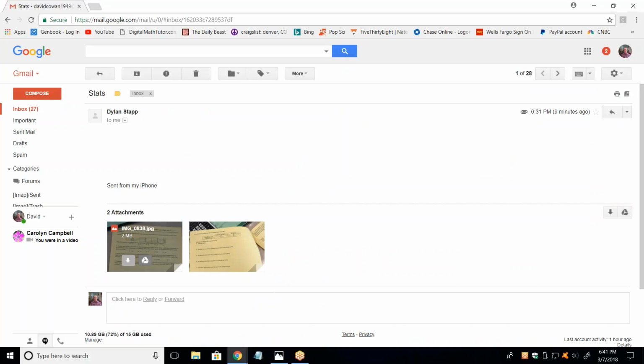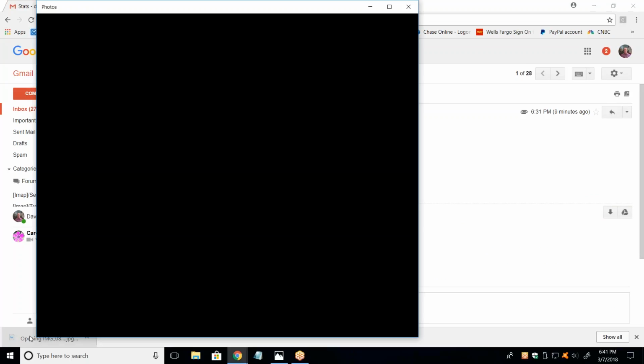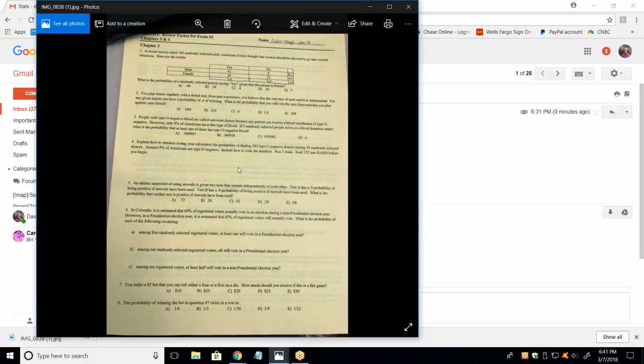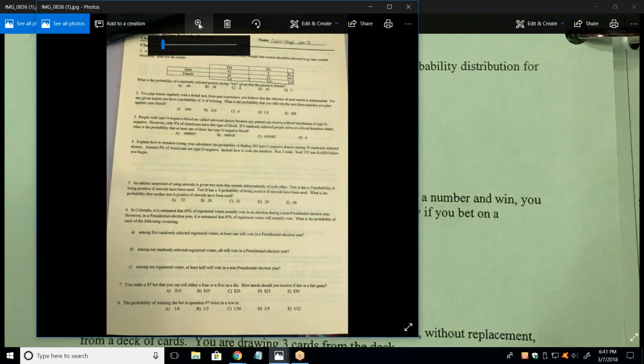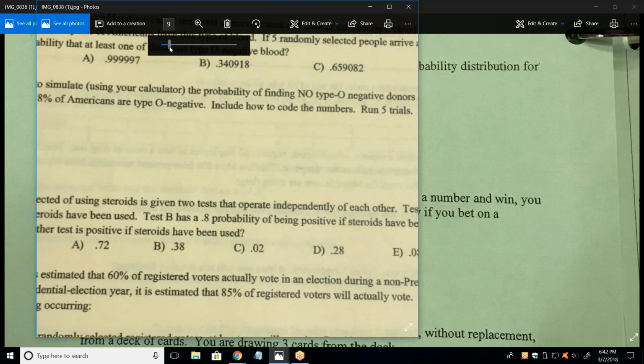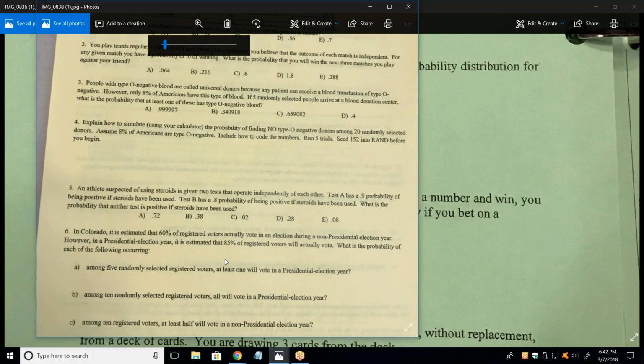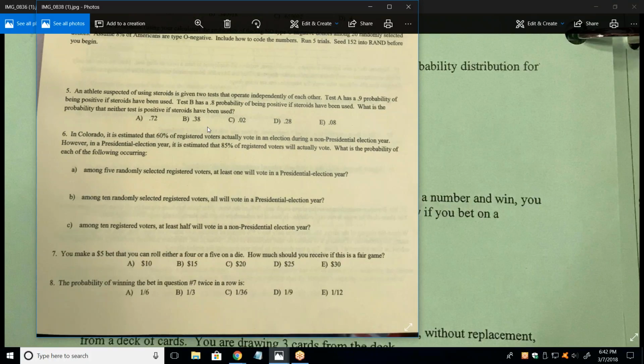We can do the first page, and then we could start on number 5. Okay.